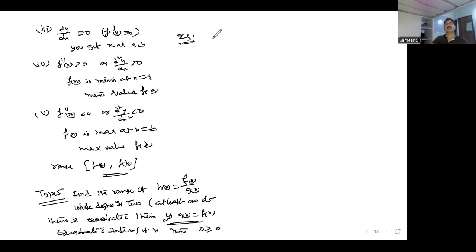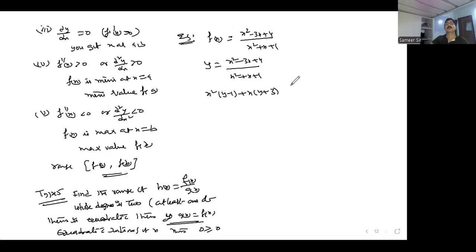Example, yeah, beautiful example I have. f of x is equal to x square minus 3x plus 4 divided by x square plus x plus 1. What do you do? y equals the same thing, y times x square plus x plus 1 equals x square minus 3x plus 4. So what happened? x square (y minus 1) plus x (y plus 3) plus (y minus 4) equal to 0.